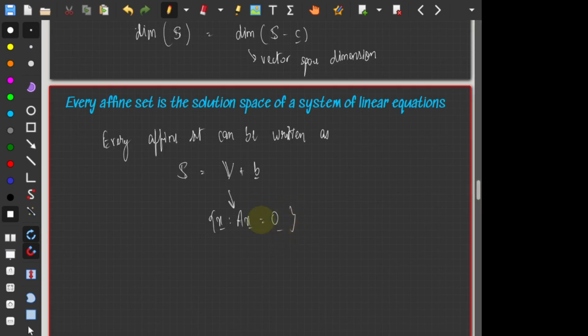Right? So there is some matrix A for which V is basically the null space, the right null space of that particular matrix. Everyone agrees with this point?